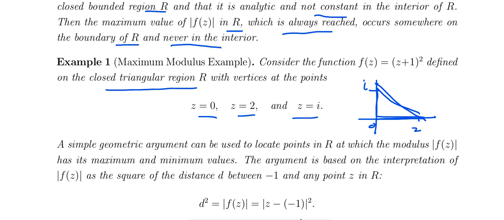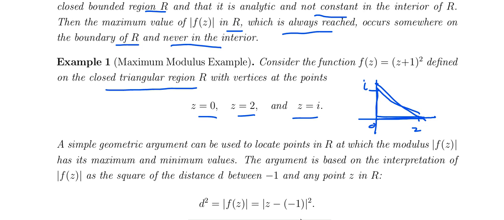So this is a function defined on the closed region, and some geometric argument can be used to locate the point in R, on the boundary, at which the modulus of f of z has its maximum and minimum value.